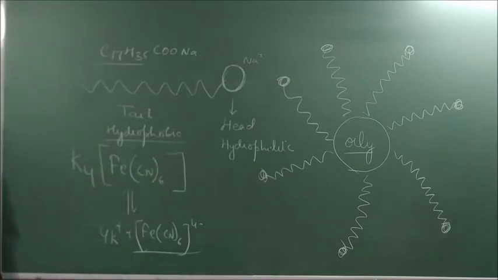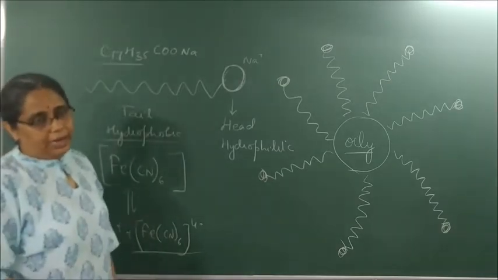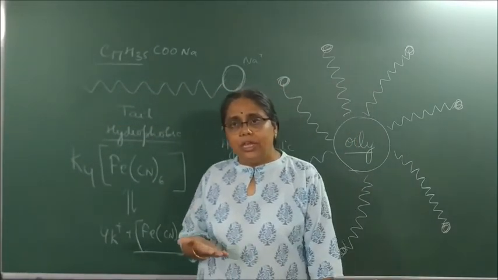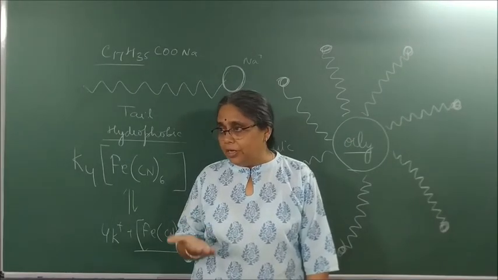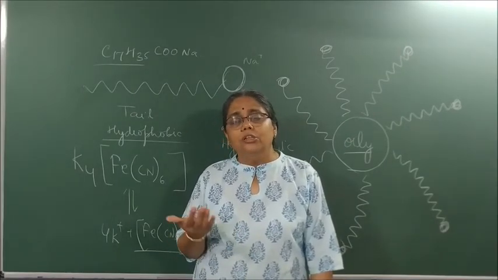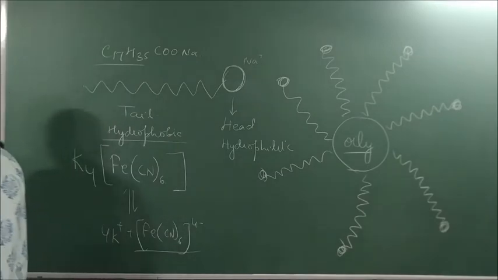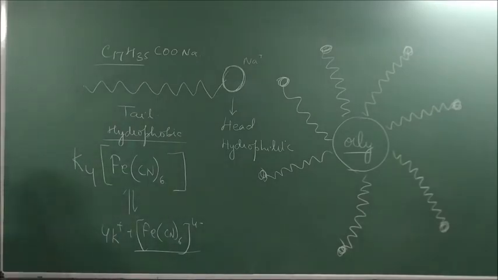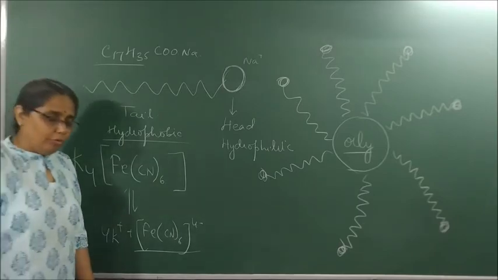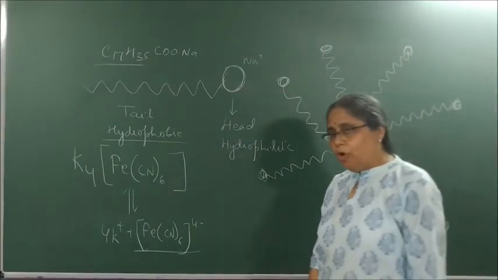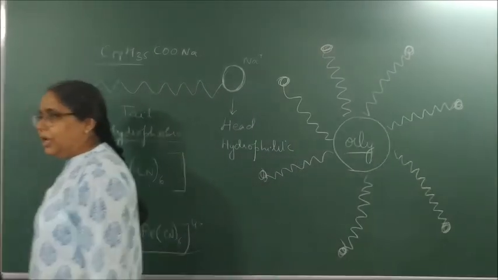Then we studied central metal atom or ion. The central metal atom or ion is generally a metal atom belonging to the 3d series, and it should have an incompletely filled d orbital so that it can accommodate all the electrons donated by the ligand. 21, scandium. 22, titanium. 23, vanadium. 24, chromium. 25, manganese. 26, iron. 27, cobalt. 28, nickel. 29, copper.